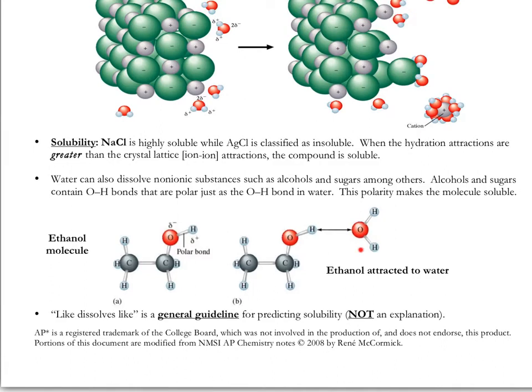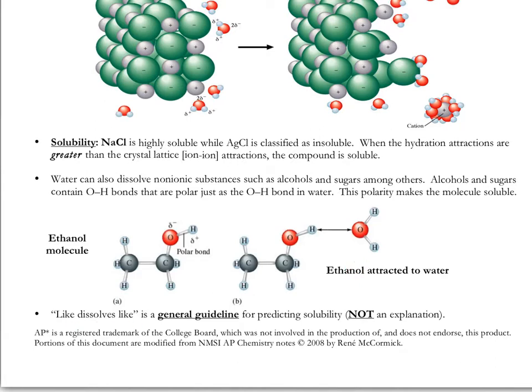In these examples, alcohols and sugars, it's a hydrogen to oxygen, but it doesn't have to be those two atoms or those two elements. It can be any two elements that are sharing electrons but sharing them unequally. So here, partial positive, partial negative. We know water has that same partial positive and negative, so here our partial positive attracts our partial negative. We have hydration attractions, just like with the sodium chloride and the water. So polar here, they dissolve.